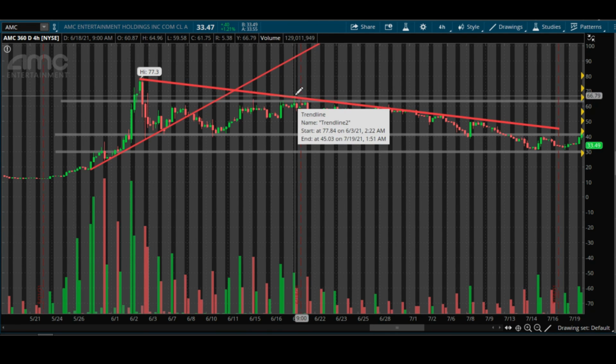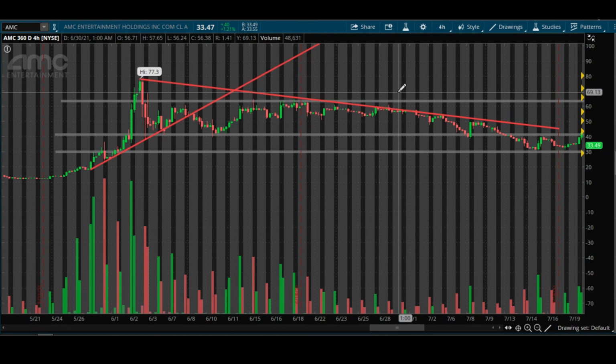Now I like my resistance line from the body to the wick. That's how I do it, just because the wick just shows the potential of how low or how high the stock could go, while really that closing price is where that strong hold position is.